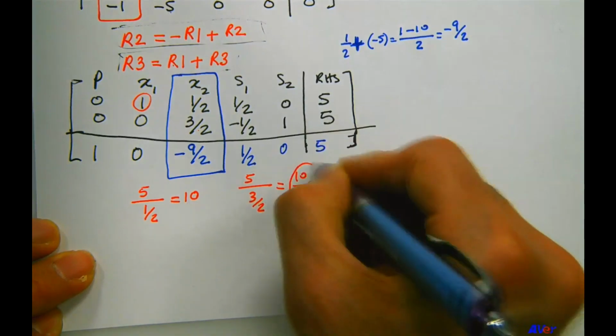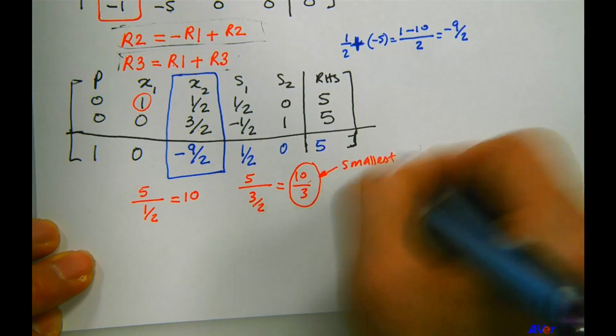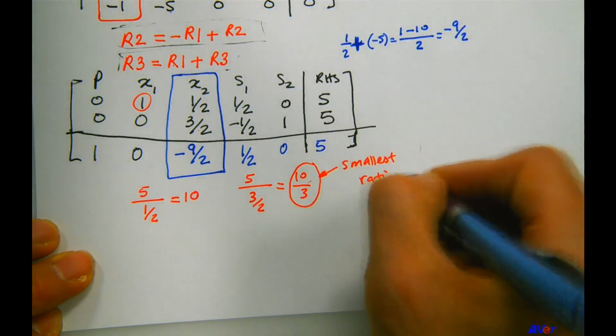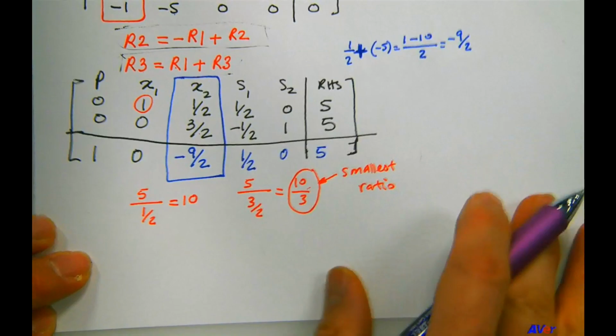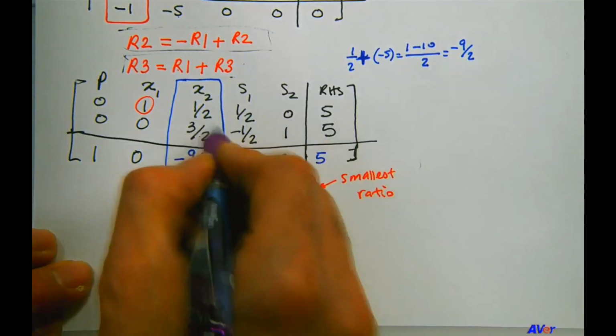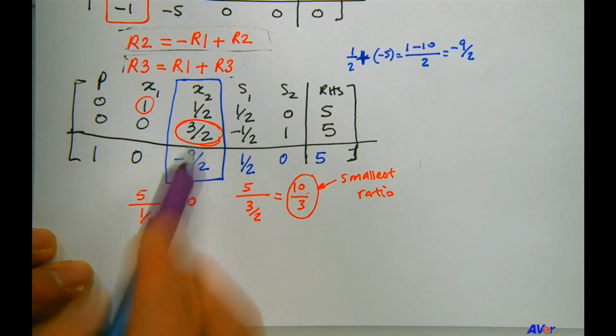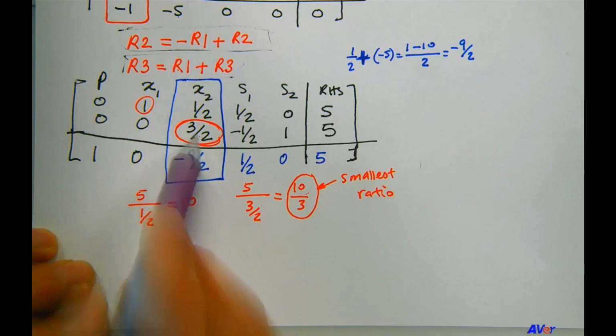So this is the smallest ratio, which means we need to convert this 3/2 to 1. That's our pivot element. We need to convert this to 1. Okay.